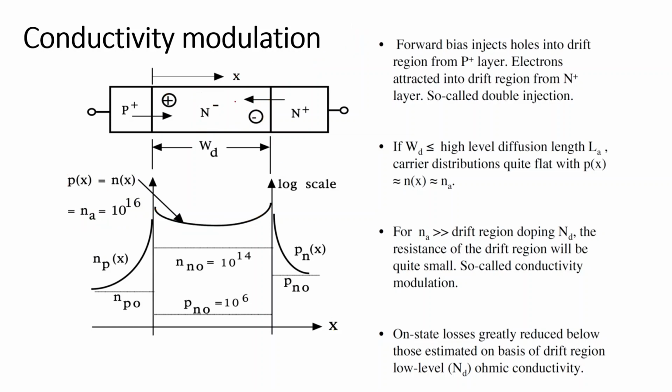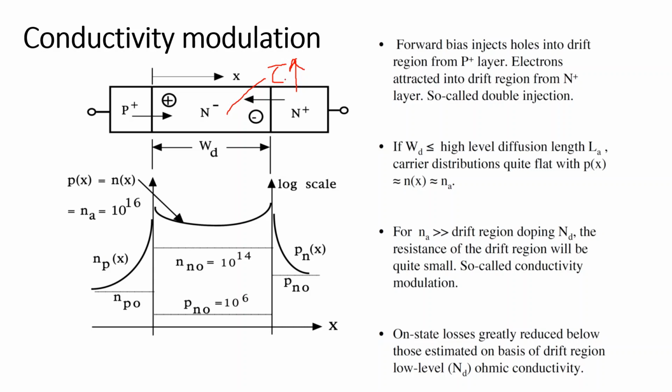Because this n minus region is filled with a large number of charge carriers, the recombination time tau, that is the time taken by a charge carrier to recombine in a region, increases greatly, because now the charge carriers are not recombining quickly, they are taking some time to recombine.